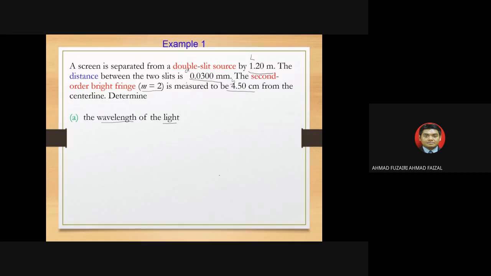You have the equation y equal to lambda L m over d, right? In order to find the wavelength, lambda, you just rearrange this equation.